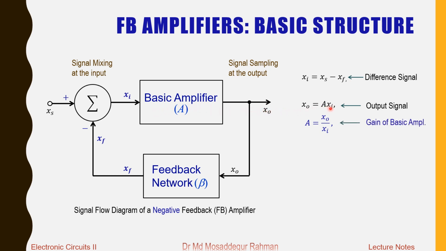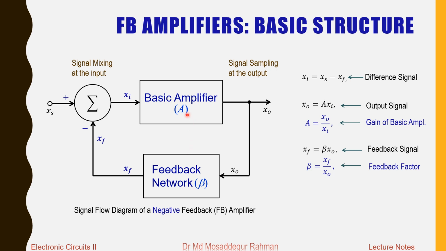So X0 is A times Xi, where A is X0 by Xi, the gain of the basic amplifier. And then that X0 is sampled by the feedback network, which produces signal Xf. So Xf is our feedback signal, and beta is the ratio of Xf by X0, and that is our feedback factor. These are the main terminologies associated with the feedback amplifier.